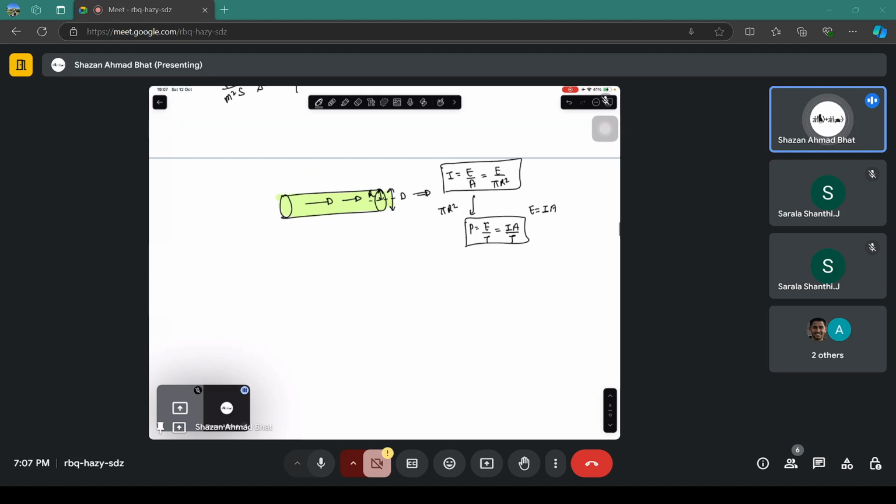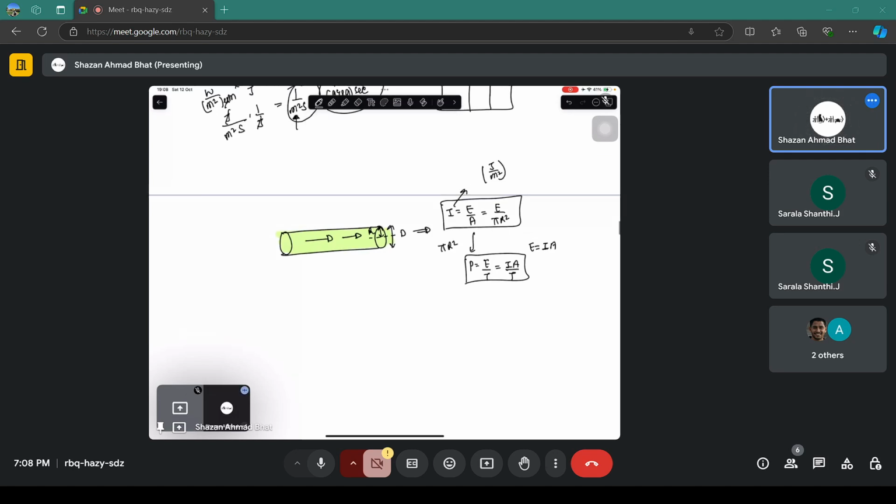So if you see, this intensity has a unit of watt per meter square. Not watt, sorry, it's joule per meter square. And then if you divide the intensity by time, it gets converted to joule per meter square per second, and it will be watt per meter square, because joule per second is watt.